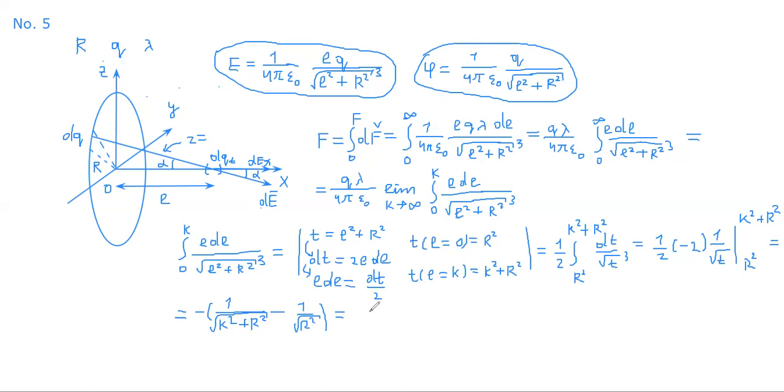And it will be 1 divided by R minus 1 divided by the square root of k squared plus R squared.